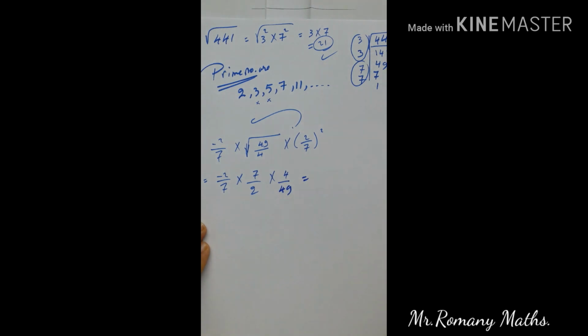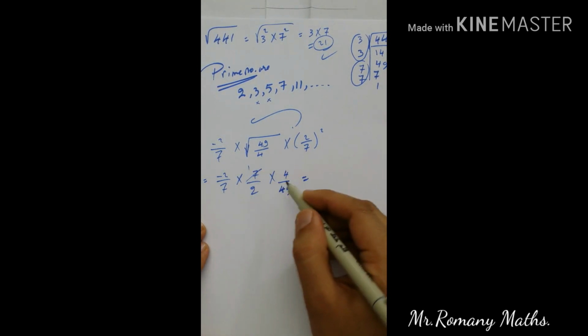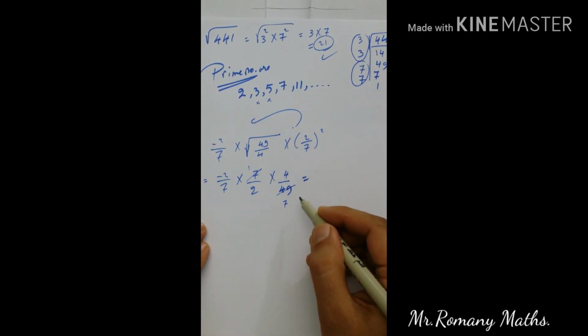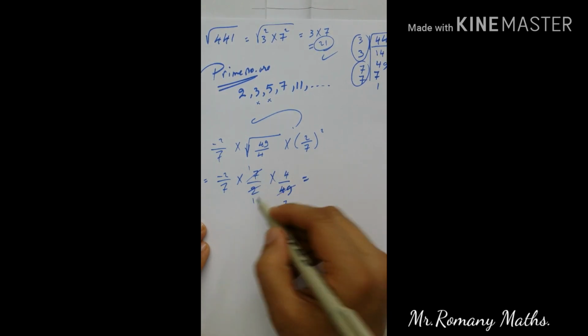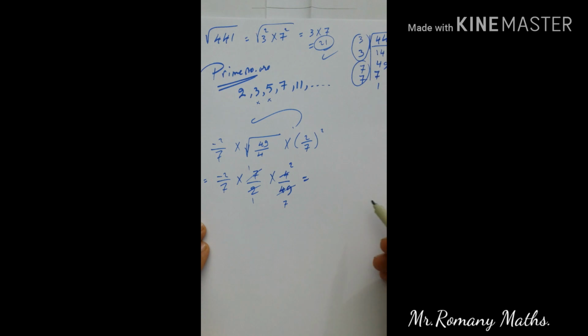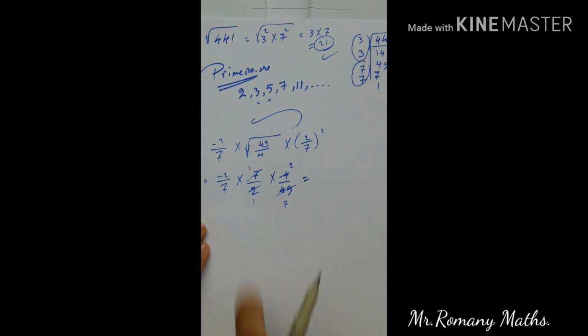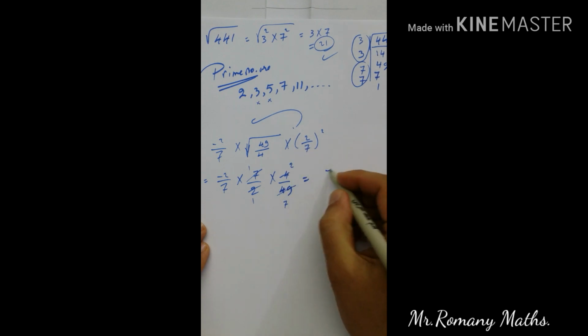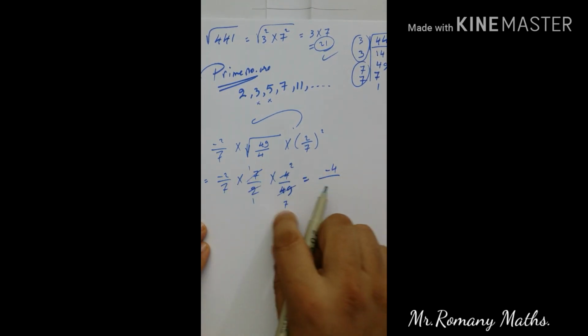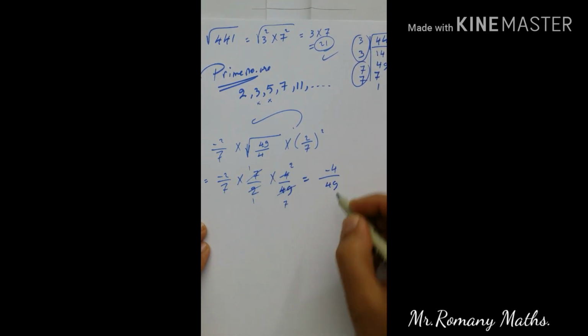You can find it easily. Divide by 7 equals 1, divide 7 equals 7. Divided by 2 equals 1, divided by 2 equals 2. Negative 2 times 1 equals negative 2. Negative 2 times 2, negative 4 over 7 by 7 equals 49.